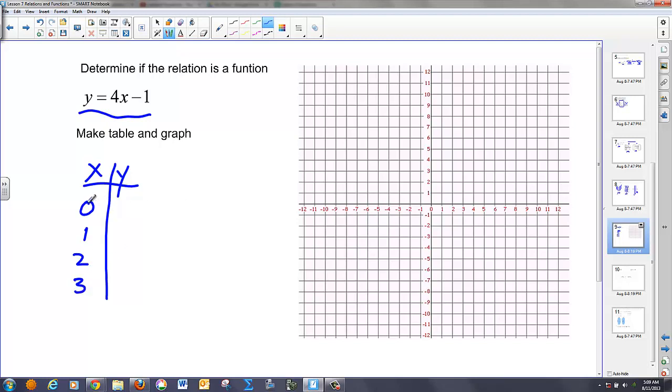When I plug a 0 in for the x value, I get 4 times 0 minus 1, or -1. So that's the point 0, -1.